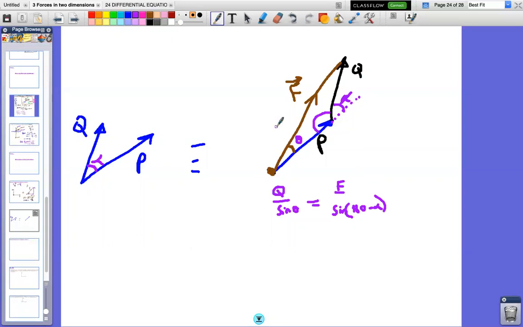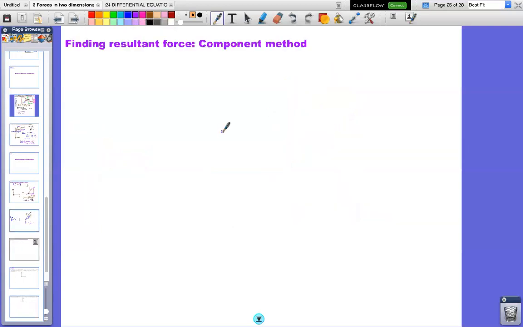You can use the sine rule to find the magnitude of F and the direction theta. But this method is very complicated, and you are more likely to make a mistake.